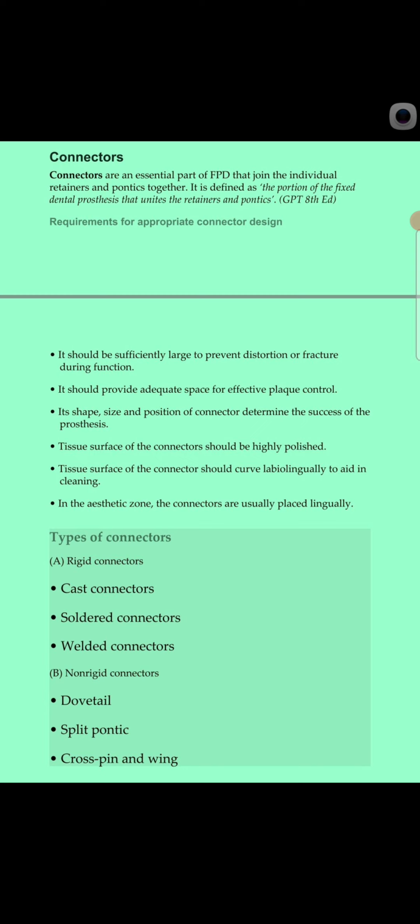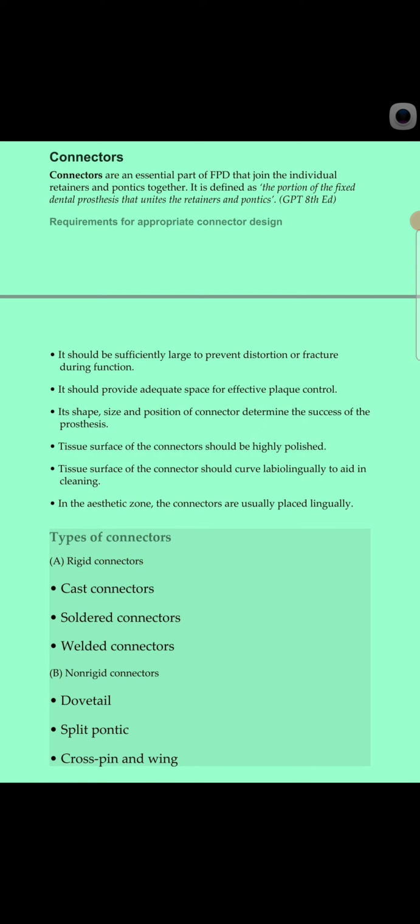In welded connectors, again the metal we use for the connector has a lower melting point compared to the retainer and Pontic. But in welding, we soften the edges and then apply pressure. This is about rigid connectors, meaning cast, soldered and welded.